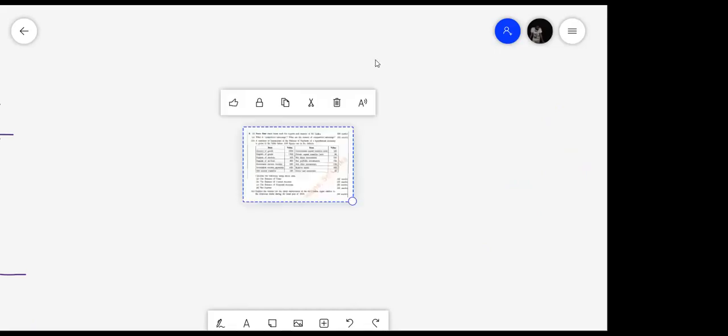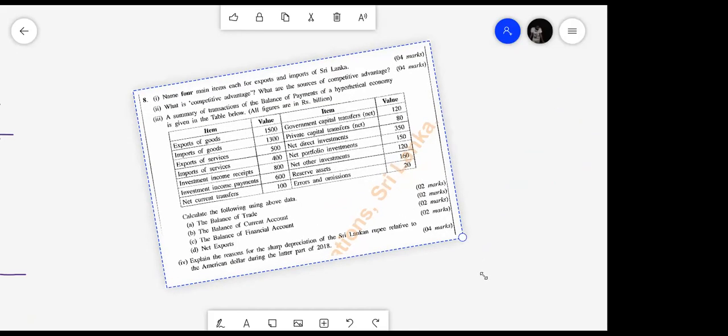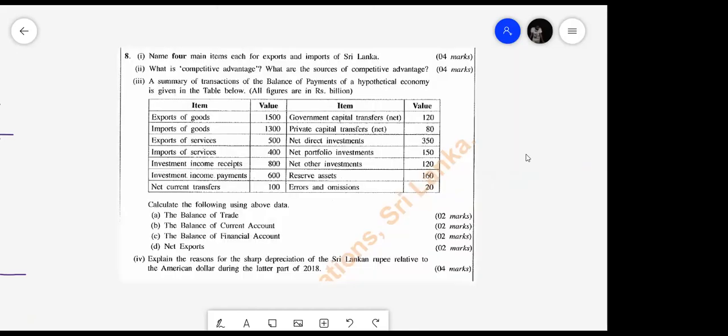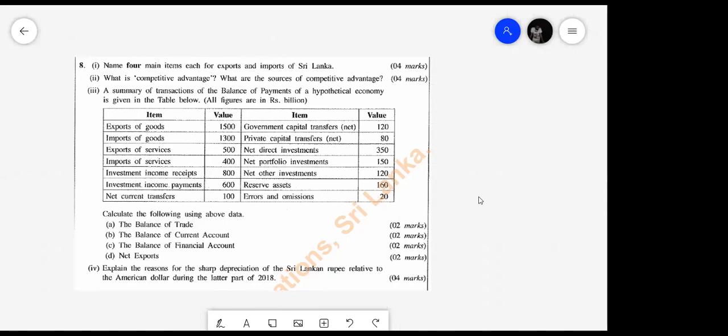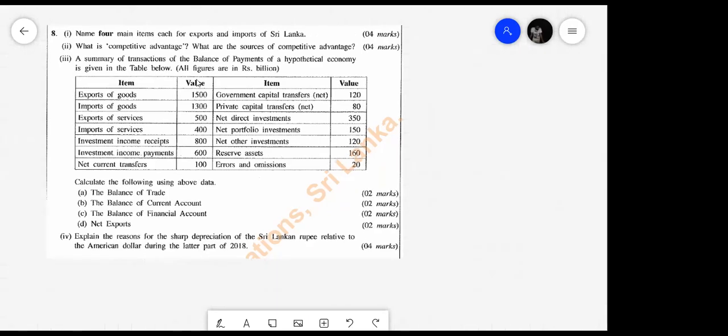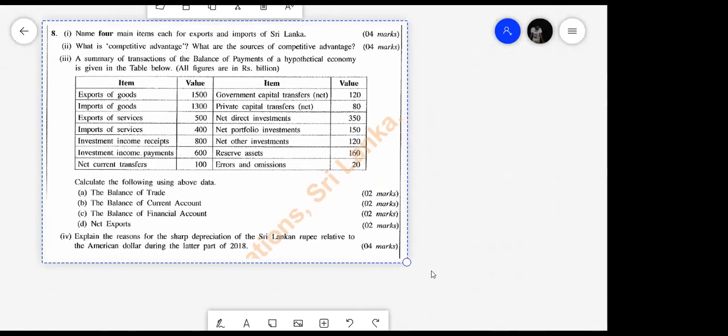This is the 2019 A level paper. In the 2019 A-level paper, they're asking you to name 4 main items each for exports and imports of Sri Lanka.